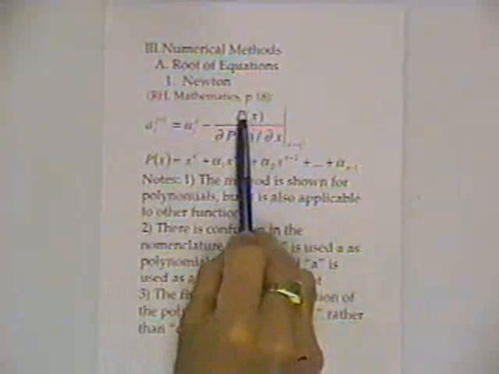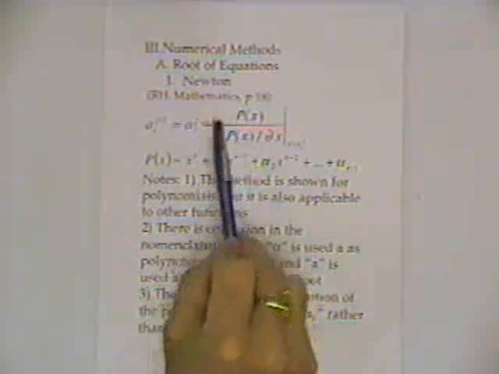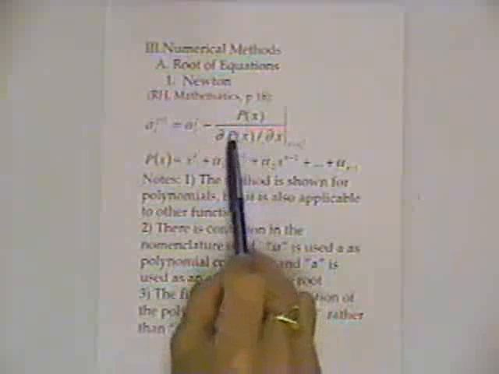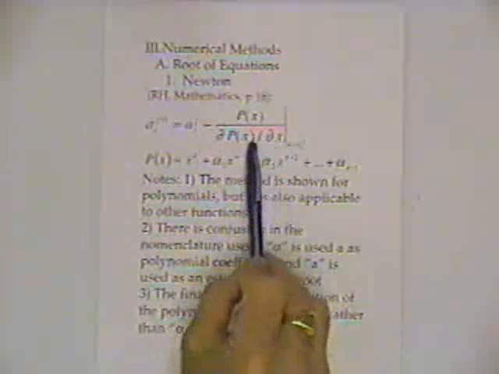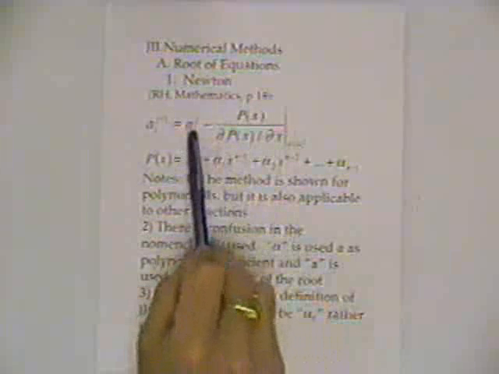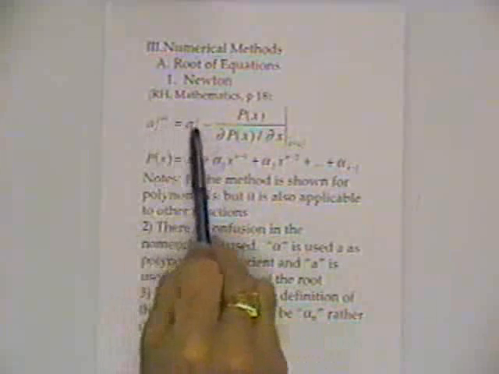You calculate the function p of x at x equal to that first estimate. You calculate the first derivative of the function at that same estimate, take the ratio, and subtract it from that initial estimate to calculate a better estimate. Then you redo it, and you continue until you get close enough. Close enough just depends on the specific problem.